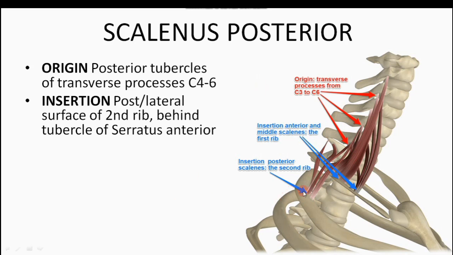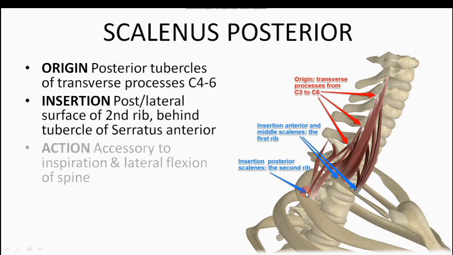Clear? Here is a tubercle of serratus anterior, so it is behind the tubercle of serratus anterior. Action is, it's an accessory to inspiration and lateral flexion of the spine. See, it is the lateral flexion of the spine. Clear?